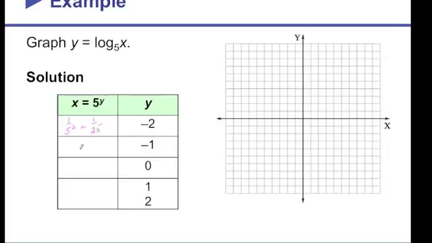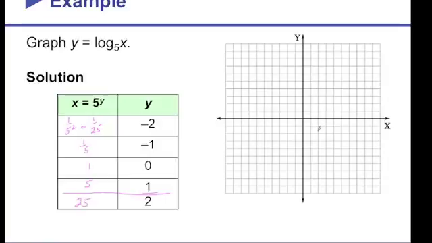If y is negative 1, then x is 1/5. If y is 0, then x is 1. If y is 1, x is 5, and if y is 2, x is 25.